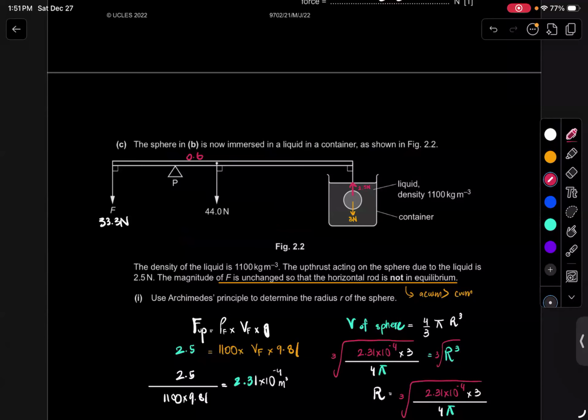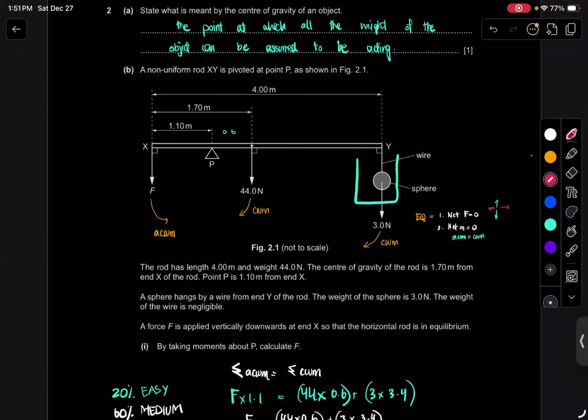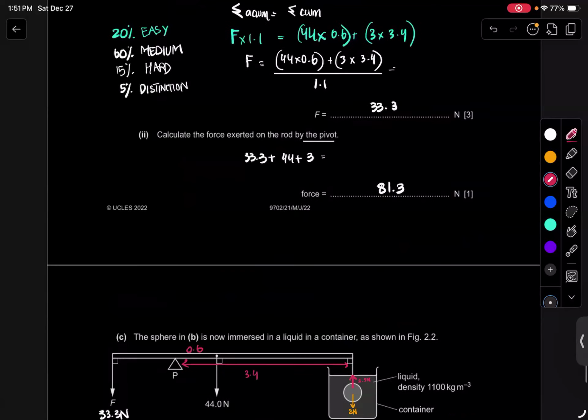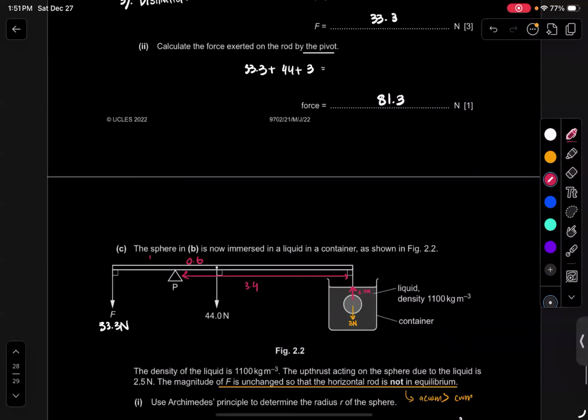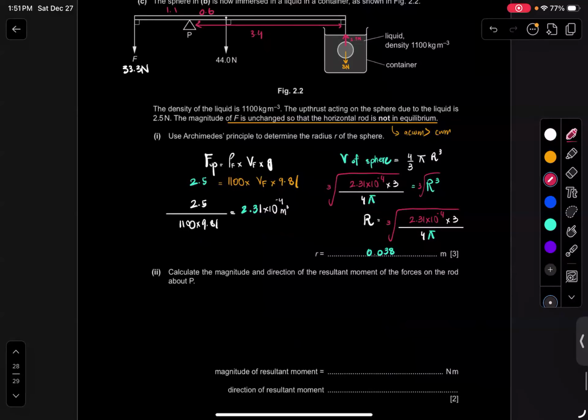And the total distance for the rod till the sphere was 3.4. So this is 3.4, and 33.3 was at 1.1. I've given you all the information. Let me know what the answer is. If all of you get the same answer, then that must be right. It's a simple one. I'm waiting for you to solve it and I'll be back.